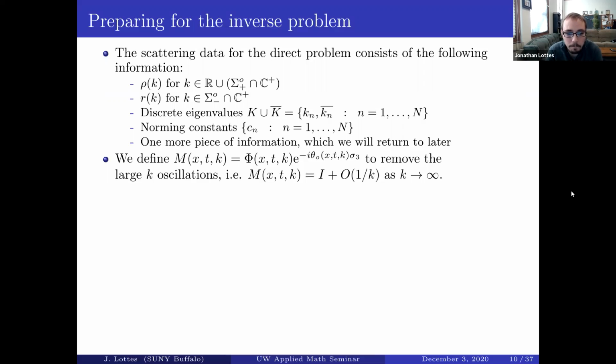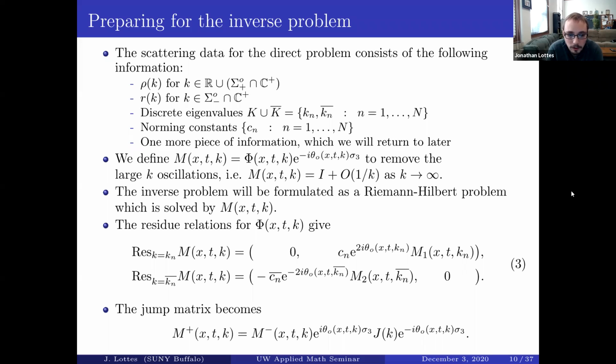And so in preparing for the inverse problem, which, as I said before, we'll formulate as a Riemann-Hilbert problem, we're just going to make a small transformation to our solution to the Lax pair phi by removing these large k oscillations. So M, after factoring out that e to the i theta naught sigma 3, M goes like identity as k goes to infinity.